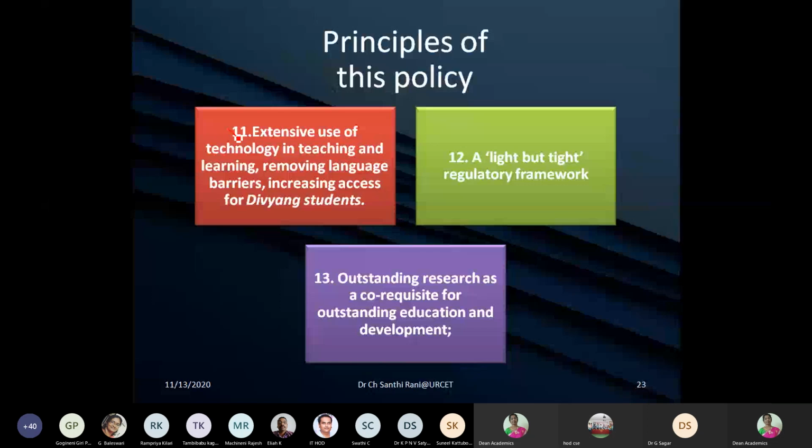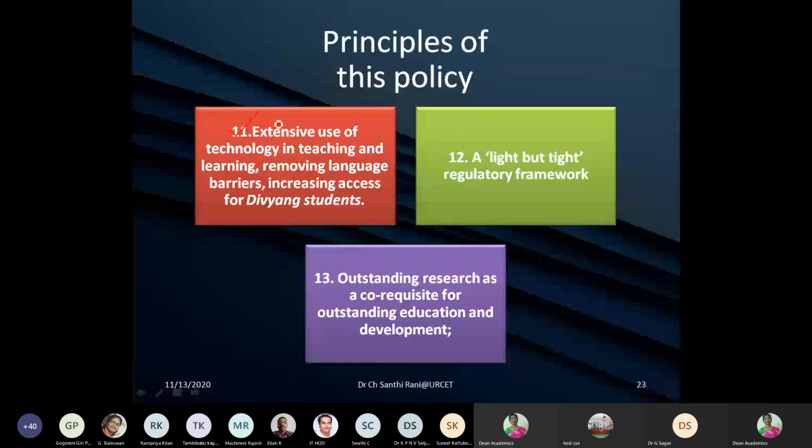And a few more important principles are there. Extensive use of technology in teaching and learning. You know, before this pandemic, we were not that much aware of all these online teaching modes. The same seminar we should have conducted in our seminar halls. But now, due to this pandemic, there are revolutionary changes using these online resources. So otherwise we say technology.